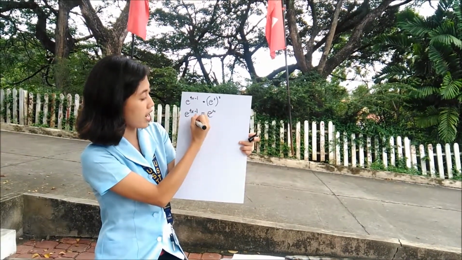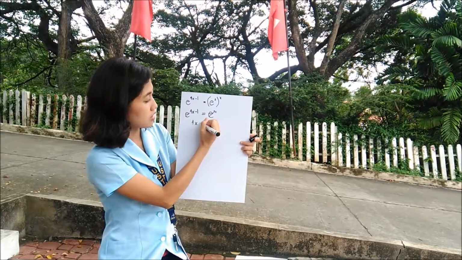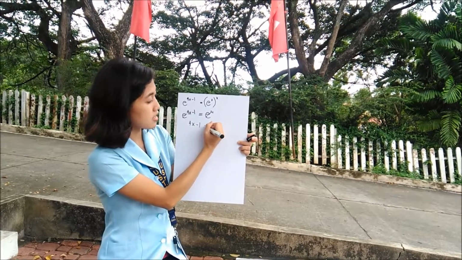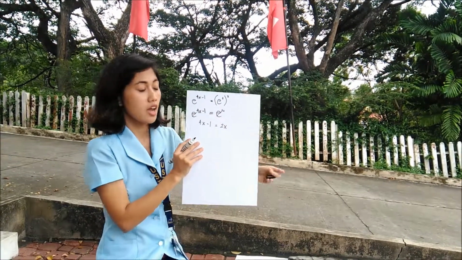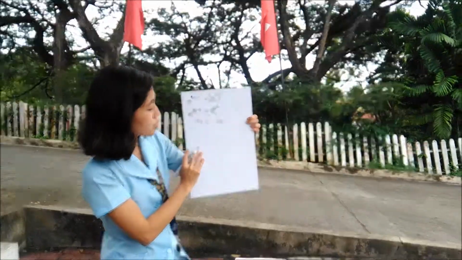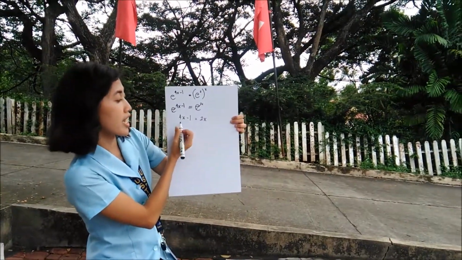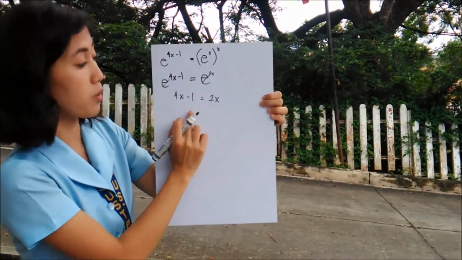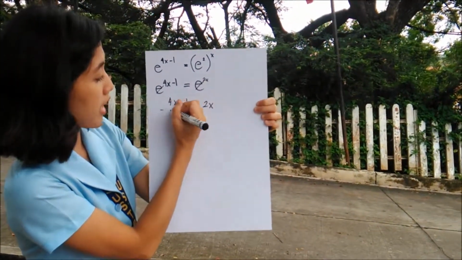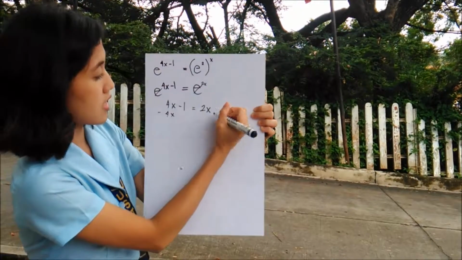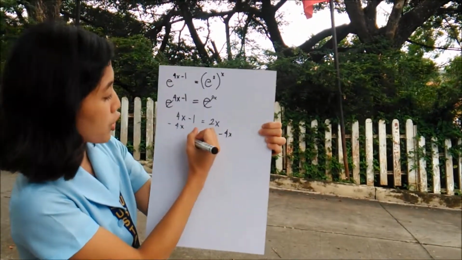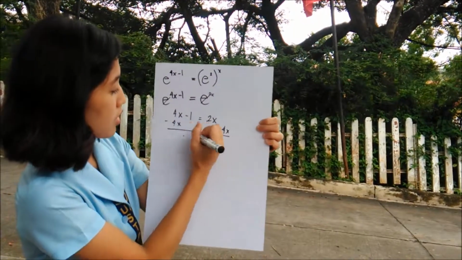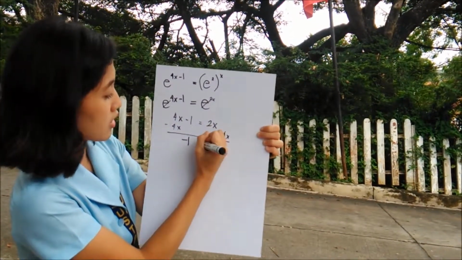We have 4x minus 1 is equal to 2x. Next, we are going to subtract 4x on both sides. So we have minus 4x on both sides. Then we are going to have negative 1.